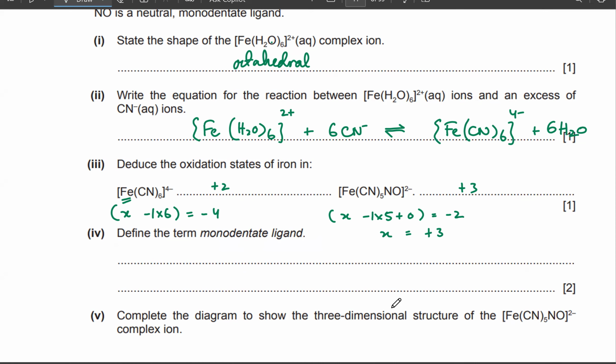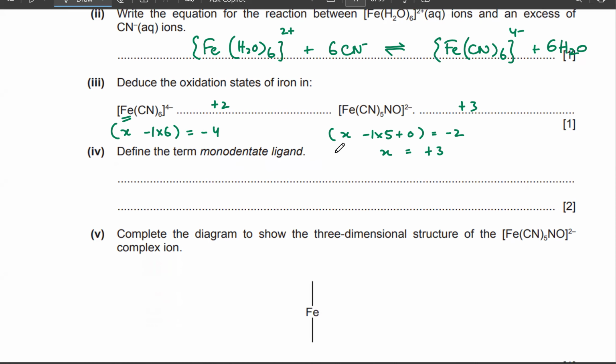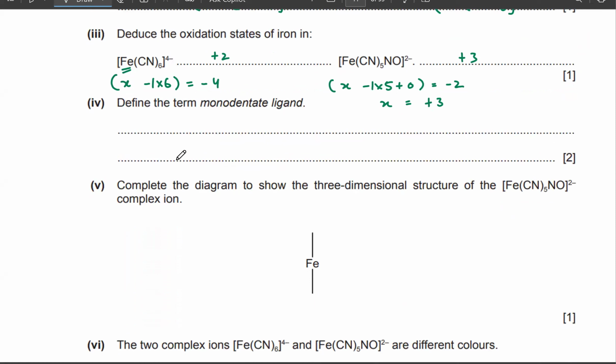Yes, sir. A monodentate ligand, again, is a ligand that only forms one coordinate or dative bond with a metal cation in a complex. Complete a diagram to show the three-dimensional structure of the Fe complex. So that's an octahedral complex, so you're going to draw this.